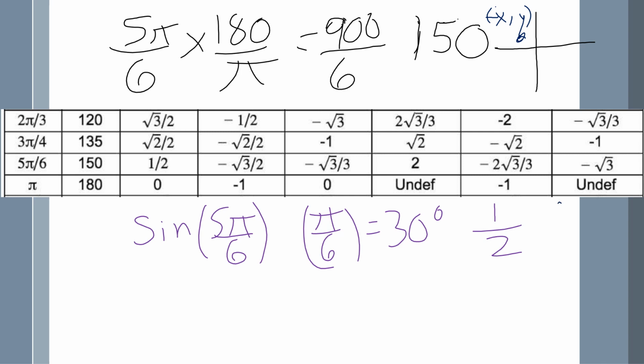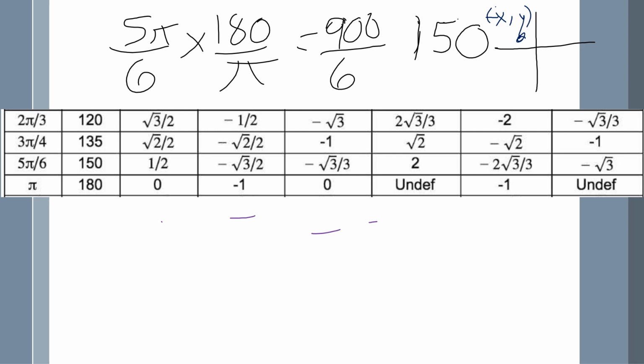So that's why we get 1/2. And that's all you got to do for those things. Just that. So it only gets harder if I'm asking you in terms of radians. We're almost done.